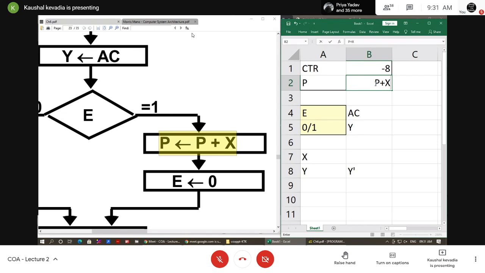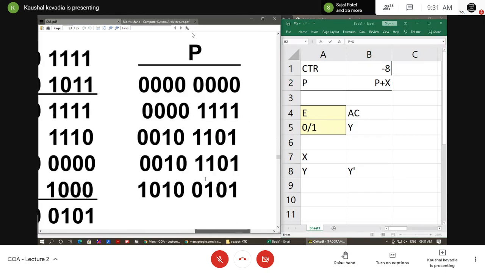Because we don't have a multiplication concept, so I want to depend on addition only. I will add each partial product, and finally we will get the multiplication answer. So here we are doing p plus x: the value of x has to be added into the partial product. Initially the value of p is all zeros.